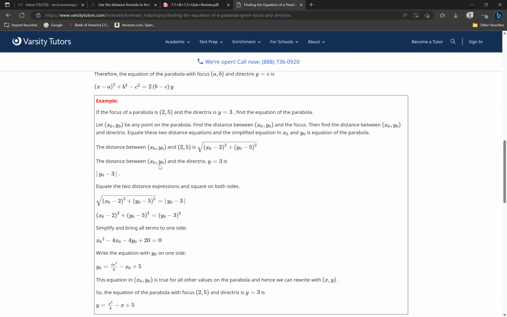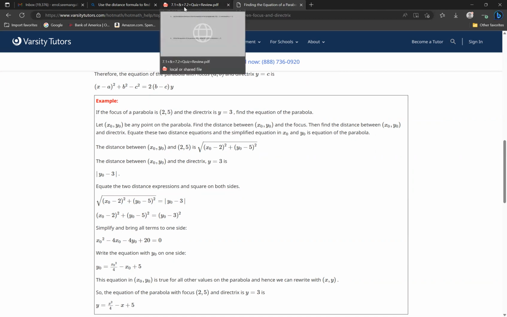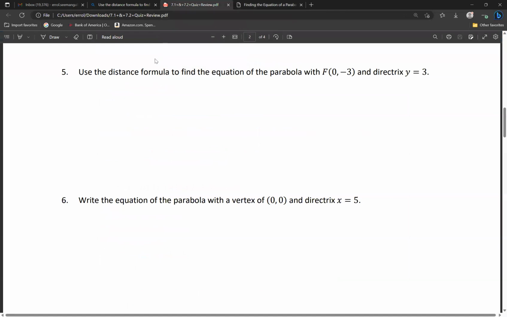The distance between (x0, y0) and directrix y equals 3 is this, okay? So now you equate the two. All right, let's equate the two. All right, let's do it like this. So we go (x0, y0).